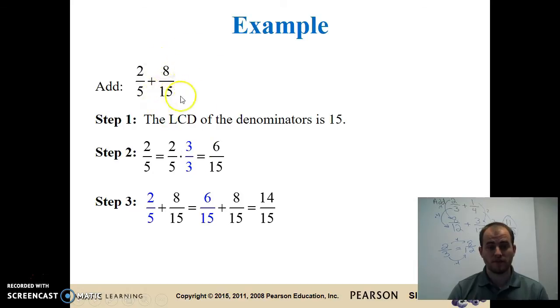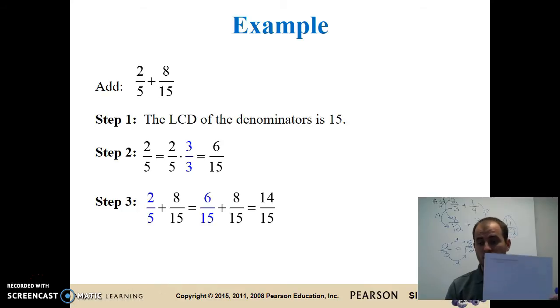We already have 8/15, so we do not have to change 8/15. So 6/15 plus 8/15 is 14/15, and you cannot simplify it. Again, that's number 1 on your handout, so make sure you're following along on the handout.